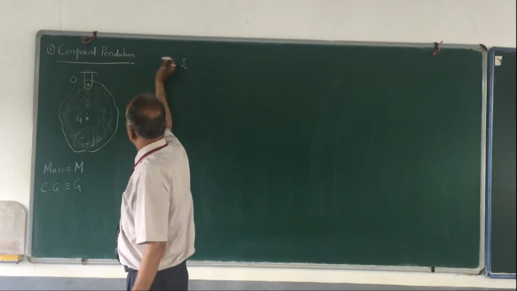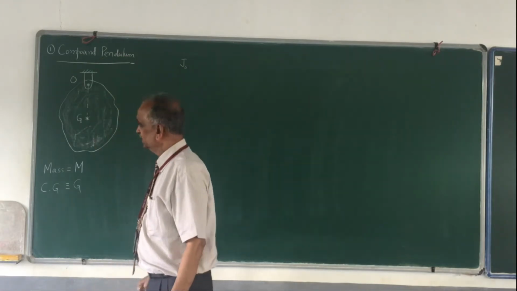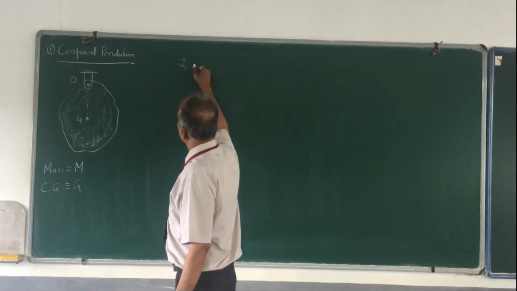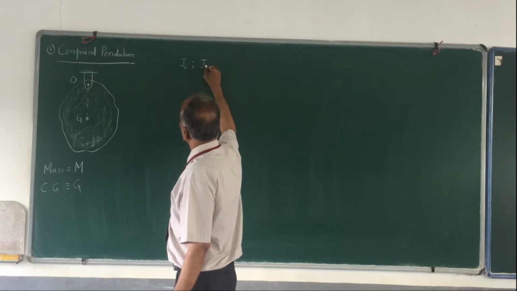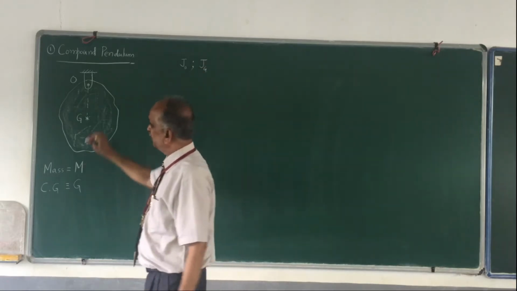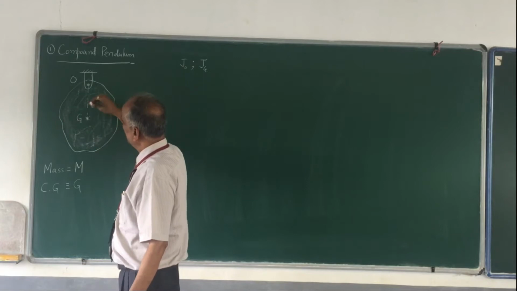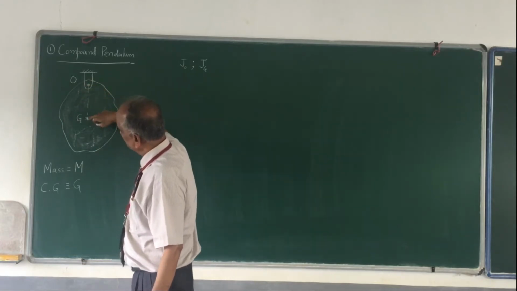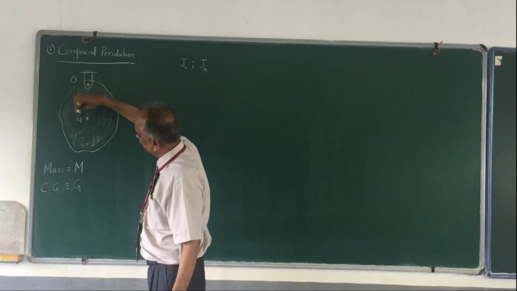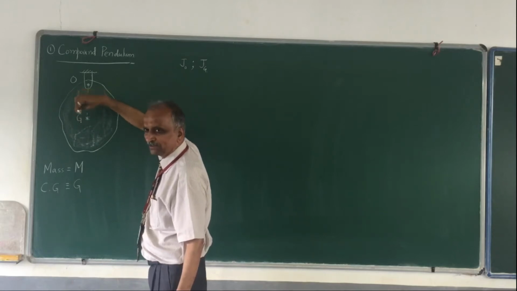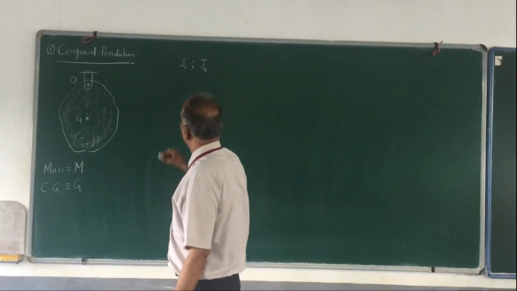This is what I call JO. Then I have something called J suffix G. What is that? Moment of inertia of this body about an axis passing through G, perpendicular to the plane of the board. This is what is called JG.